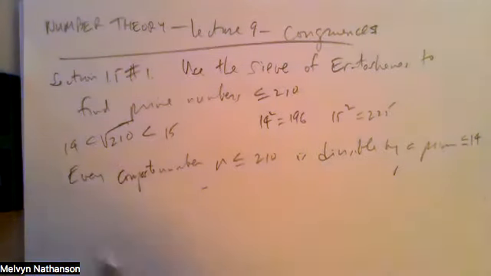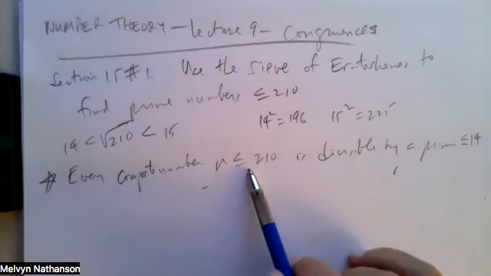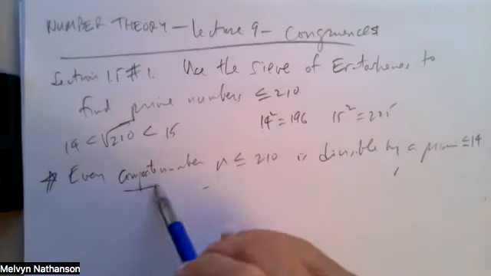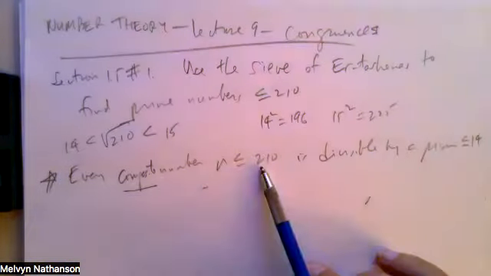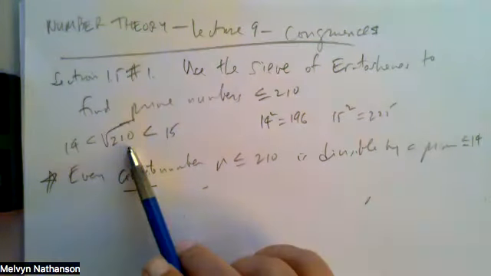Right? So this is the fundamental principle behind the sieve of Eratosthenes. If a number is composite, that means it's a product of two integers, and one of them is going to be less than or equal to the square root of the number. So if n is a number up to 210 and it's composite, then it's divisible by a prime less than or equal to the square root of 210.